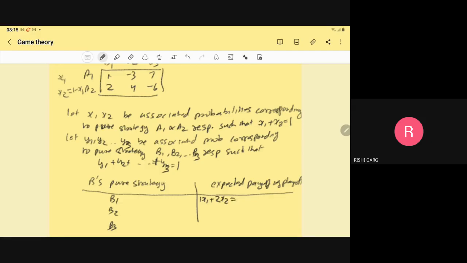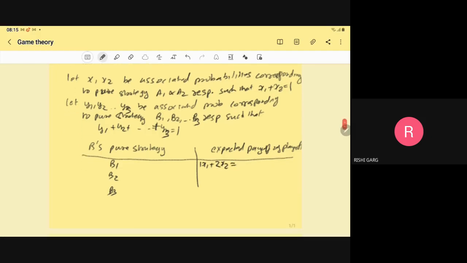And x2 is what? 1 minus x1. So 1x1 plus 2(1 minus x1). This will become minus x1 plus 2.